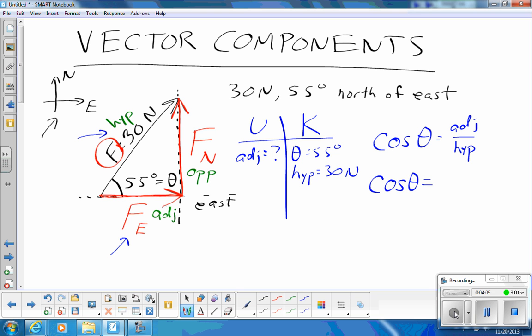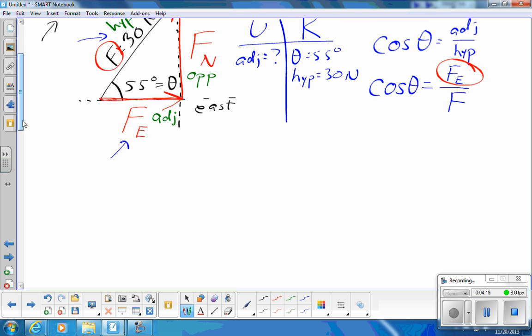The adjacent side is the east component, F_E, and the hypotenuse is the original force, F. Then, before I put numbers in, I want to solve for F_E. This is pretty straightforward. I'm going to just multiply both sides by F. So I'm going to get F_E is F times cosine theta. Again, I did that by multiplying each side by F, and they cancel over here.